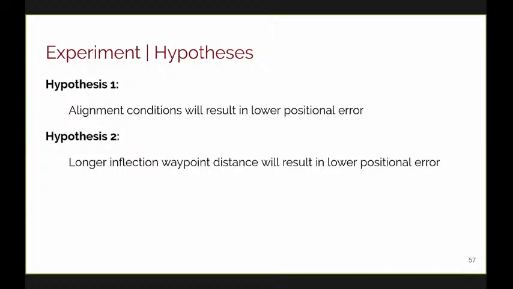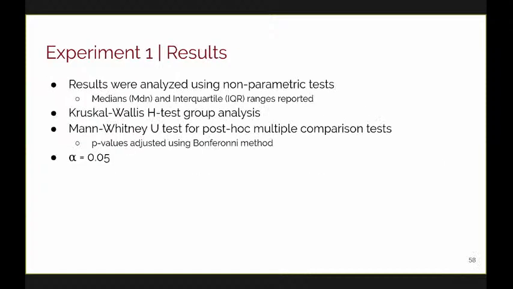The second hypothesis was that longer inflection waypoints would also result in lower positional error, as they would have more time on the return path to realign with the physical environment. As before, results were non-parametric and hence analyzed using standard non-parametric tests. And again, we maintained the alpha value of 0.05.